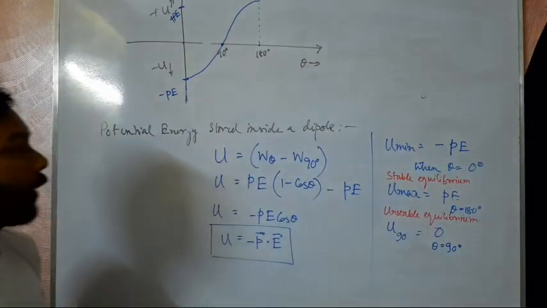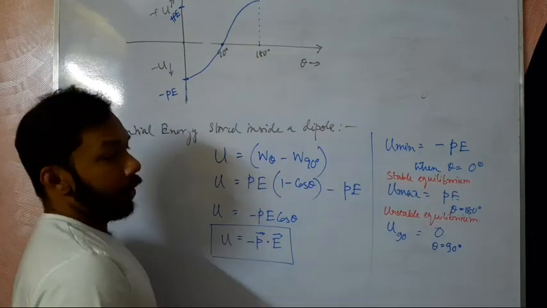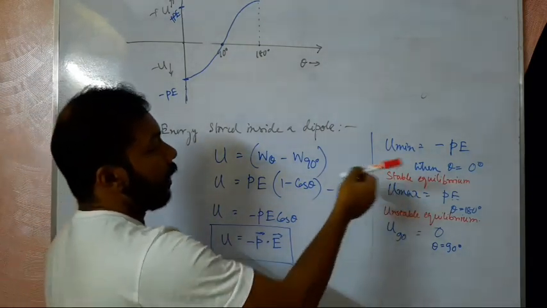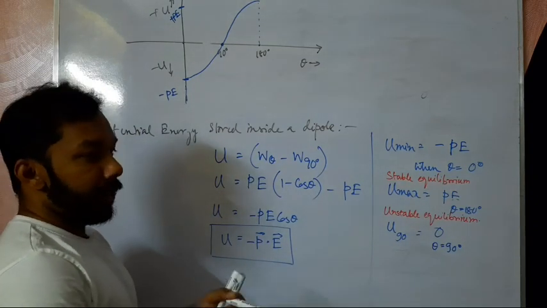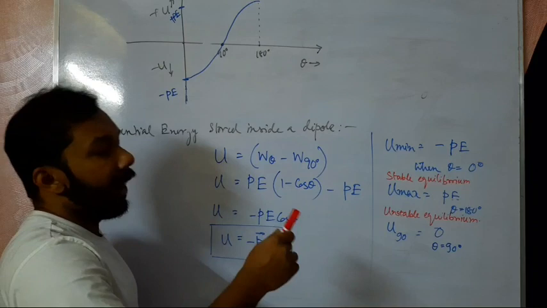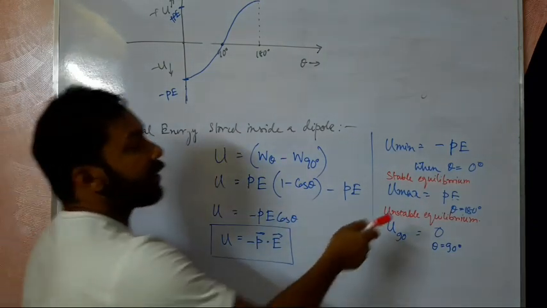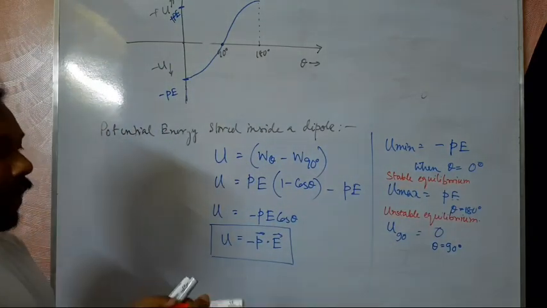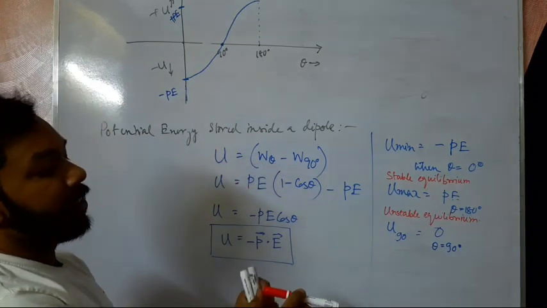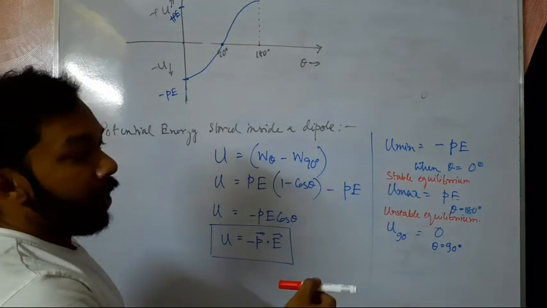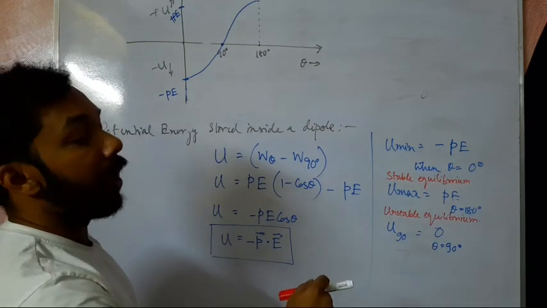What does it mean? It means if the dipole is initially aligned along the electric field, and if we try to disturb it by rotating it through a certain angle, it will again get aligned with the electric field, because this is its stable equilibrium. Now if the dipole is placed anti-parallel to the electric field, and we disturb the dipole by tilting it, it will not come back to its initial position.